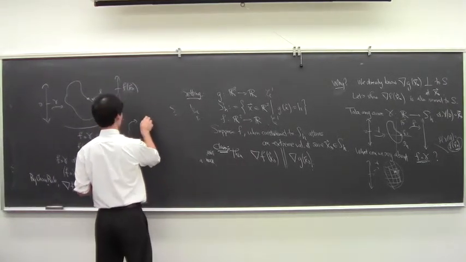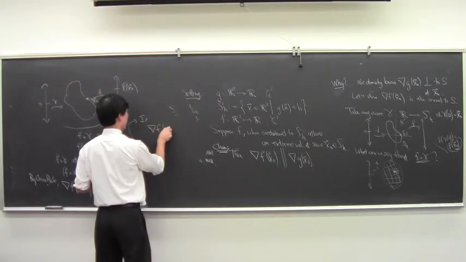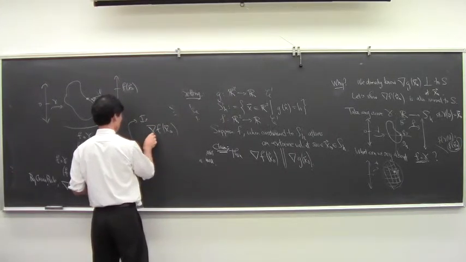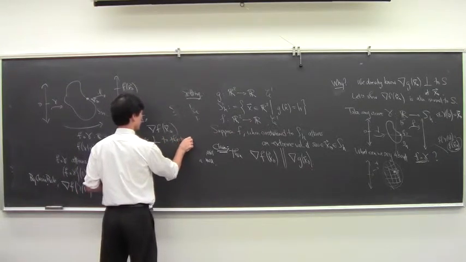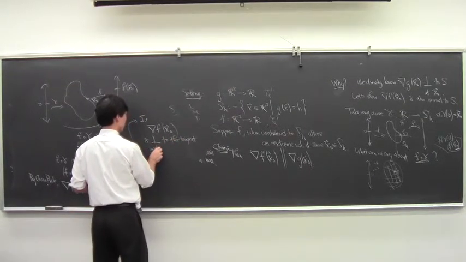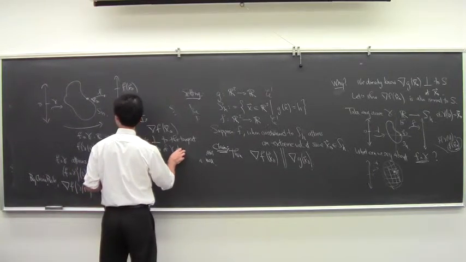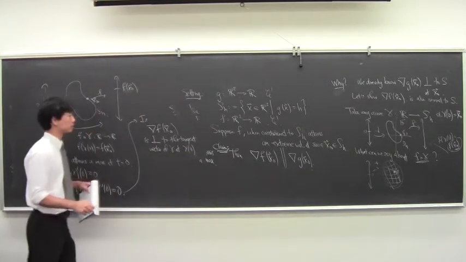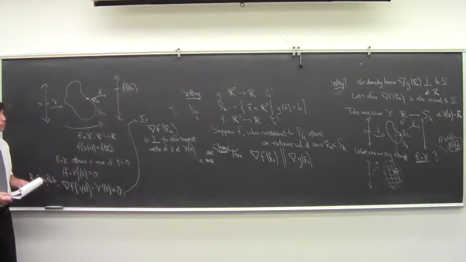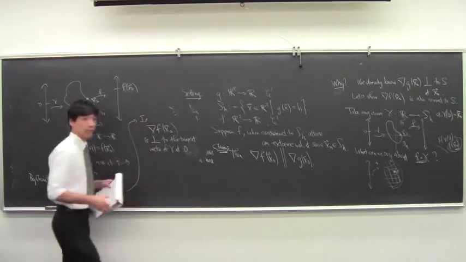In other words, the gradient of f at x naught is perpendicular to the tangent vector of gamma at time 0, at t equals 0.